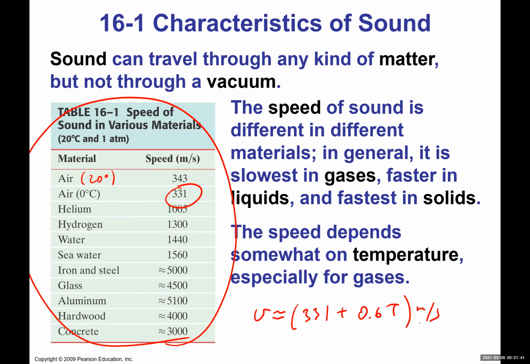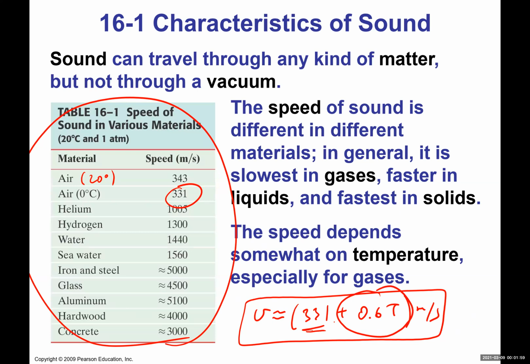So we can technically use this equation, referencing the speed of sound in air at 0 degrees Celsius, to find the speed at different temperatures. You can see that this term can become positive or negative depending on whether you're going above 0 degrees Celsius or below 0 degrees Celsius. So this is basically for the speed of sound.